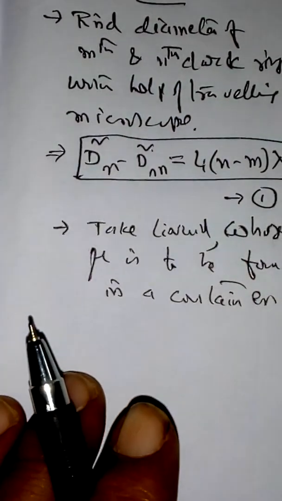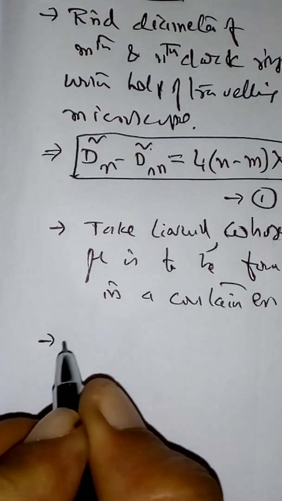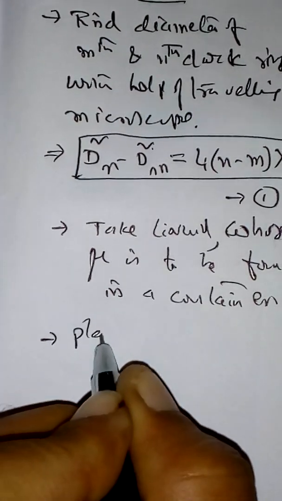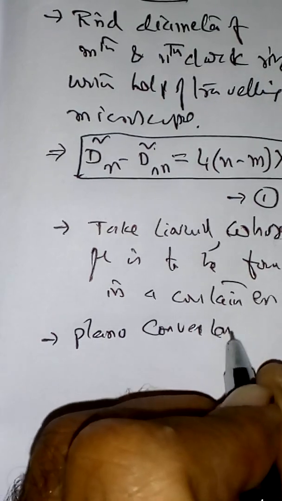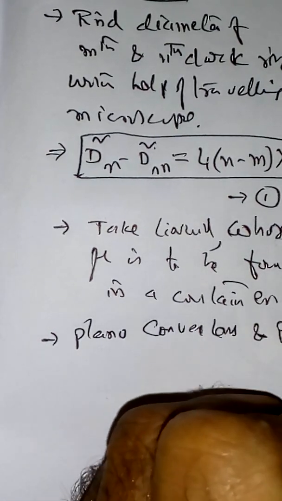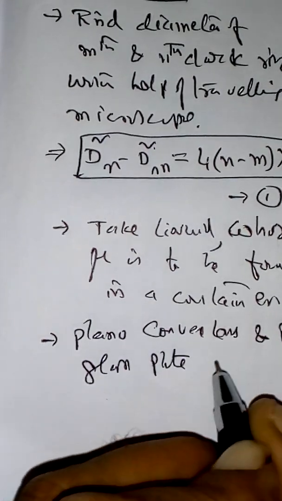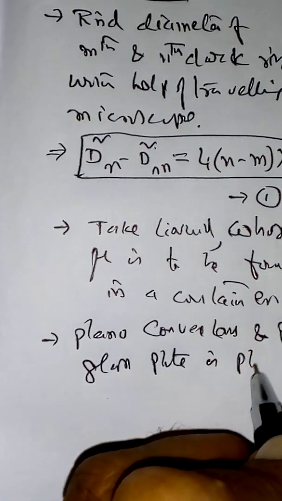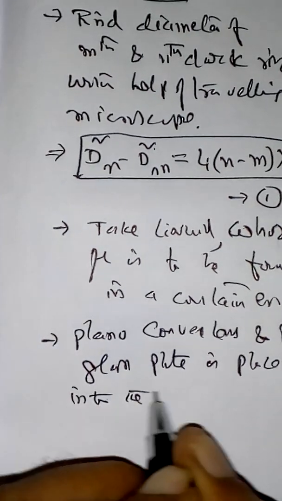So now the plano-convex lens and plain glass plate are placed into the container.